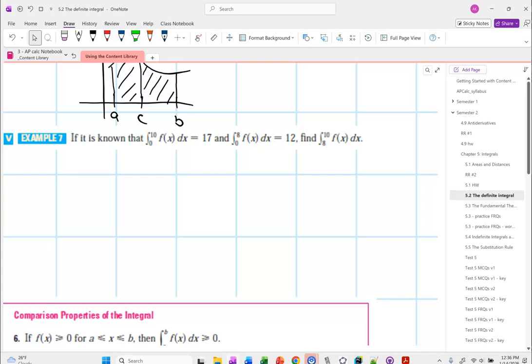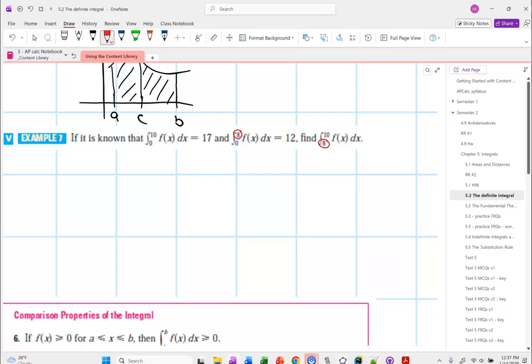So here we're told the integral from 0 to 10 of f of x dx is 17. The integral from 0 to 8 of f of x dx is 12. And we're looking for the integral from 8 to 10 of f of x dx. So the way I would do this, starting here, I'm going to look for the integral with 8 in it.